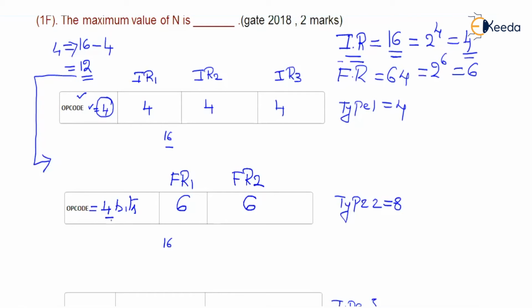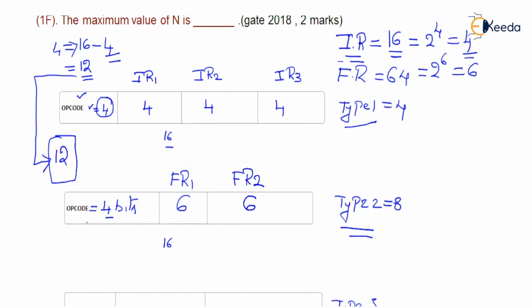Now these 4 bits will give us 16 combinations. But out of the first 16 combinations in the first 4 digits, 4 combinations are already used, right? We have just 12 combinations because type 1 and type 2 instructions both have 4 digits in the opcode. After designing type 1 instructions, we are left with only 12 combinations in the first 4 digits to design type 2 instructions.